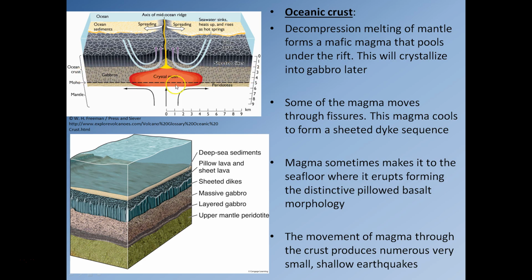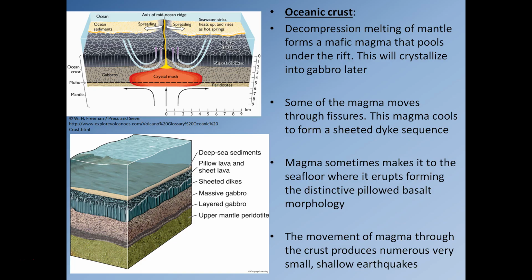Now, about 90% of your magma will get stuck in this gabbro layer and will never make it anywhere near the surface. The remaining 10% will begin to work its way towards the seafloor. As it does, it has to push the rocks apart in order to make room for itself.